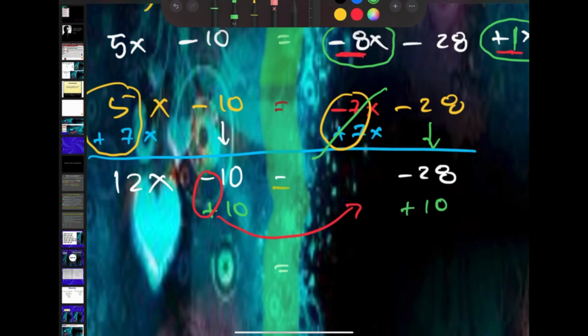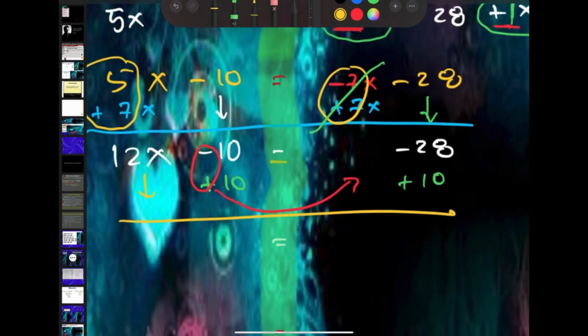Does that make sense? So bring this down. What do I get? 12x. This becomes 0, and over here becomes negative 18.